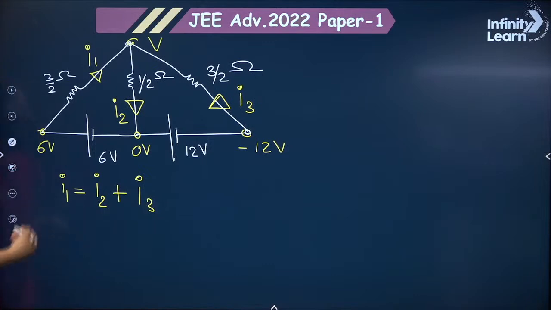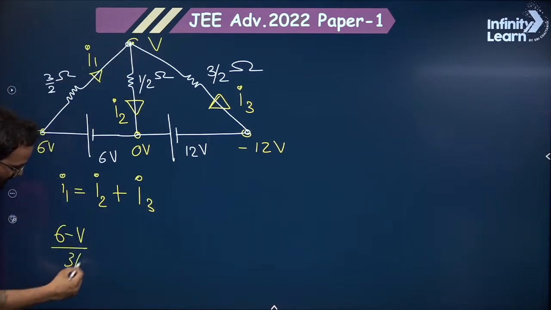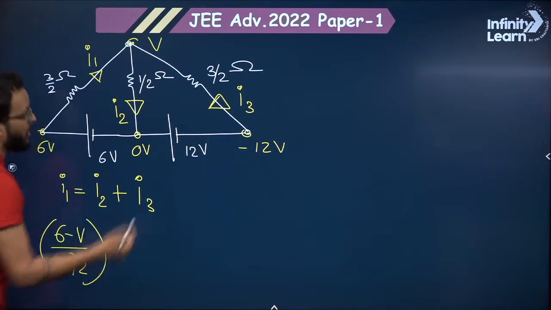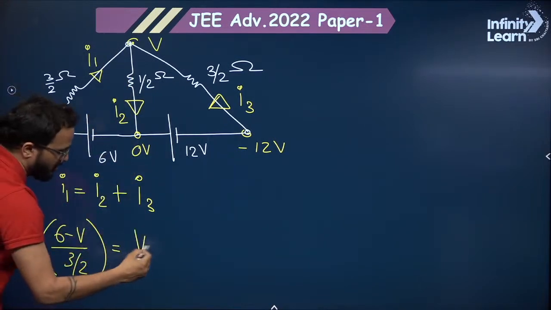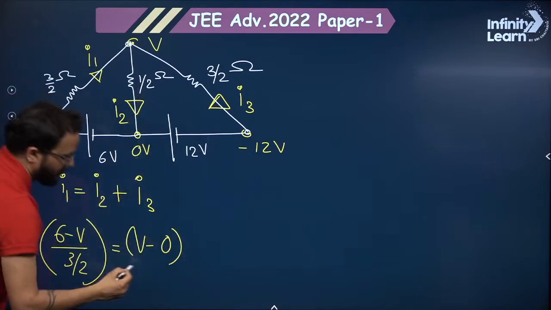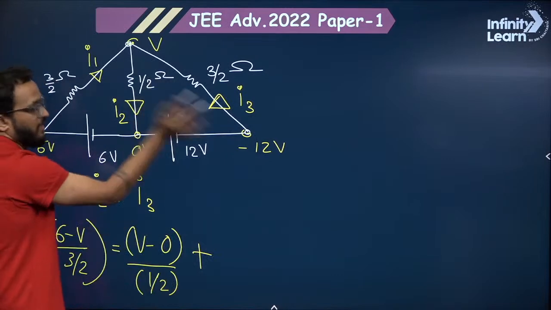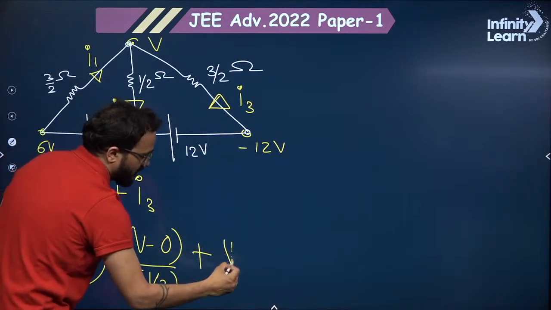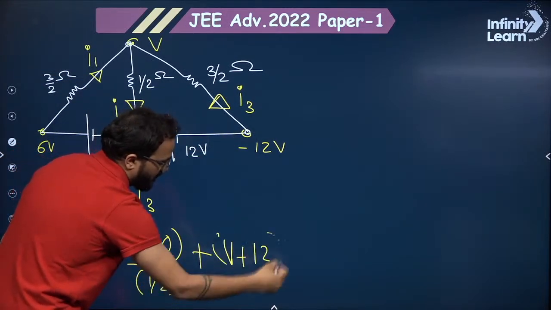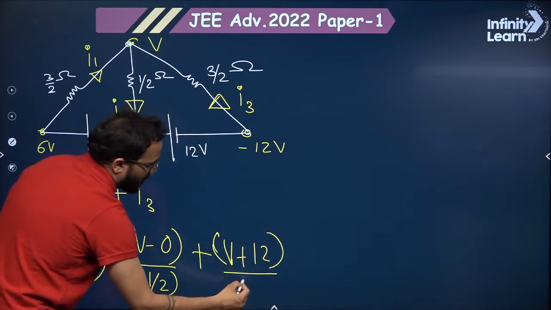Now what is I1? I1 is 6 minus V upon 3 by 2. I2 is what? V minus 0 upon half, plus V minus minus 12, that is V plus 12, upon 3 by 2.